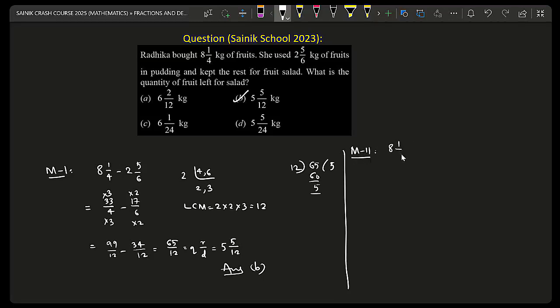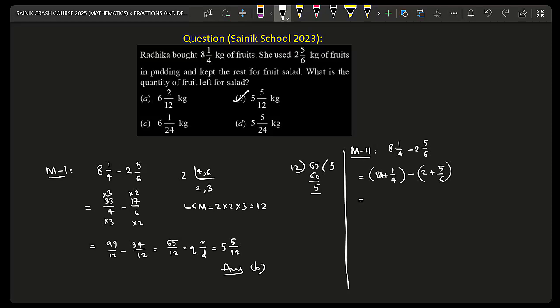So 8 1 by 4 minus 2 5 by 6. This is the question. So how can I solve this? First subtract 8 and 2. Before that, you write 8 1 by 4 means 8 plus 1 by 4, right? Use brackets, and minus 2 5 by 6 means 2 plus 5 by 6, right?